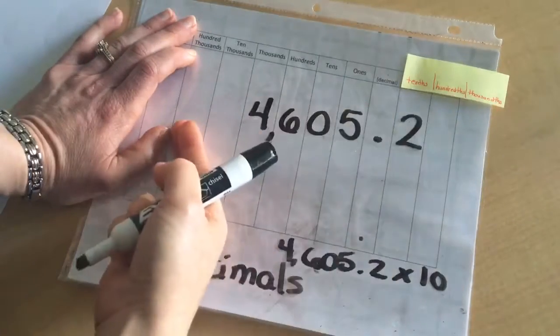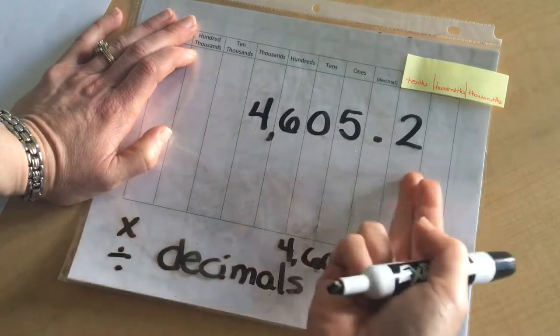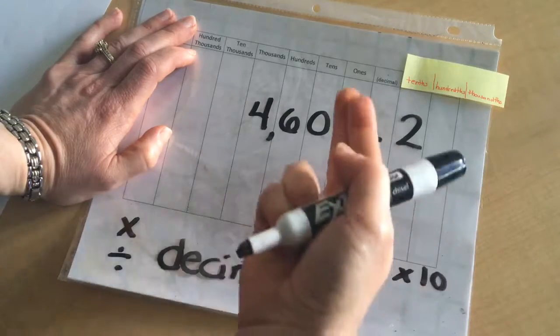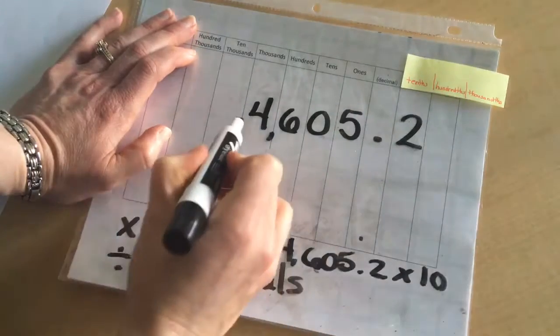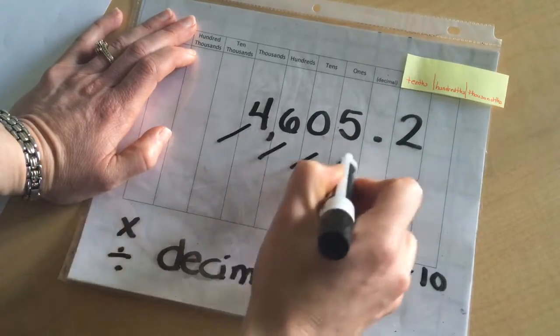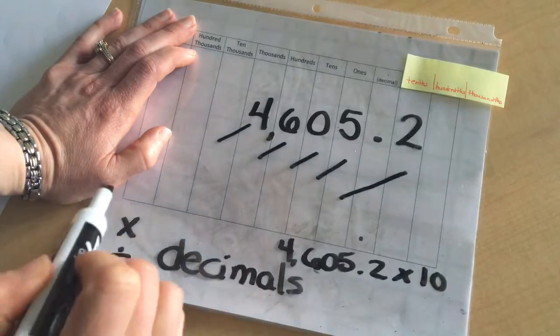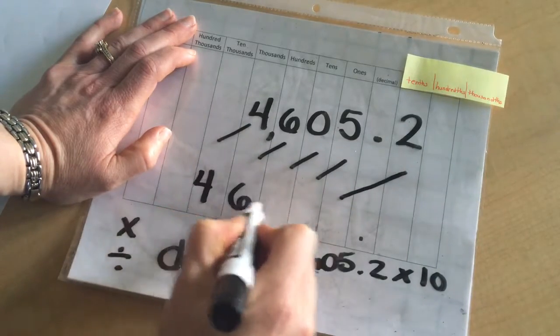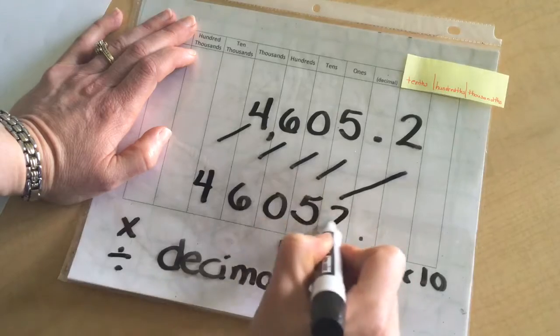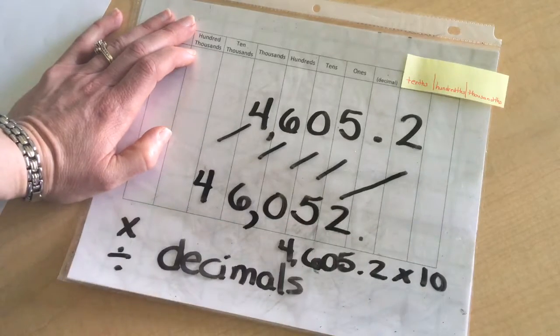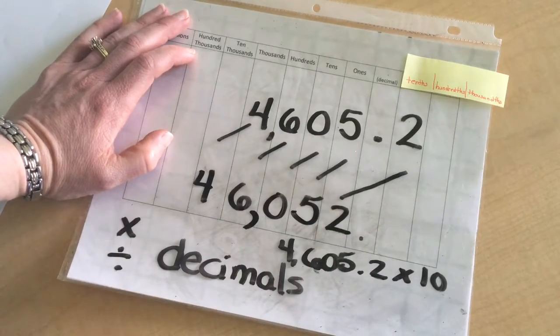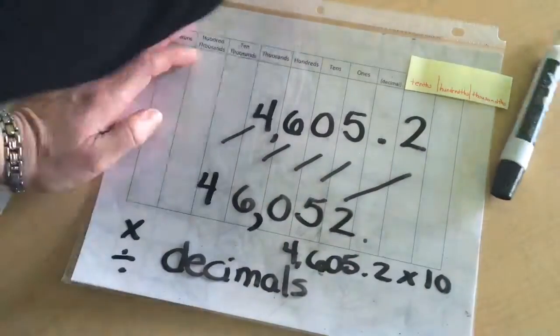So I have to shift to the left. 20 tenths is the same as 2 ones. So times 10 means we shift every single one of these over. So my new number becomes 46,052.